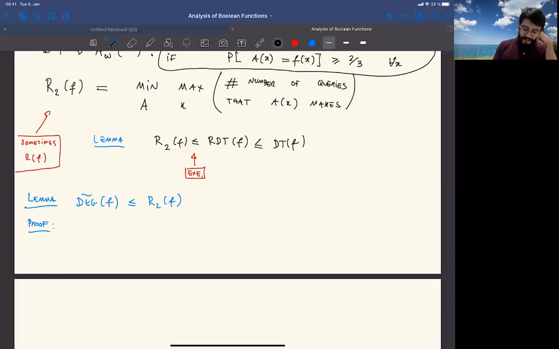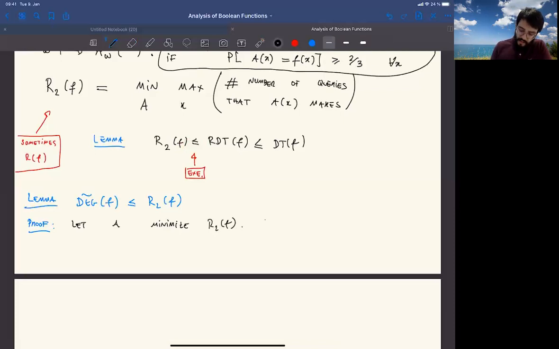So let A minimize R2 of F. If you look at A as a decision tree, it's a random decision tree, so you're taking a particular decision tree according to an implicit probability distribution.